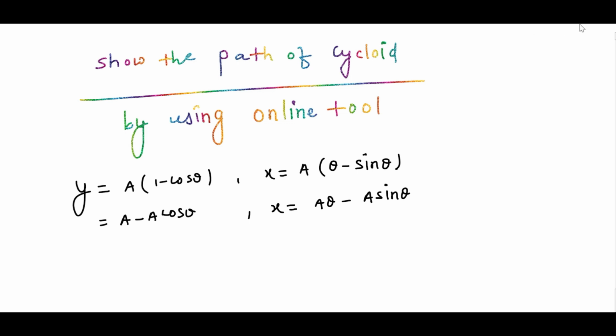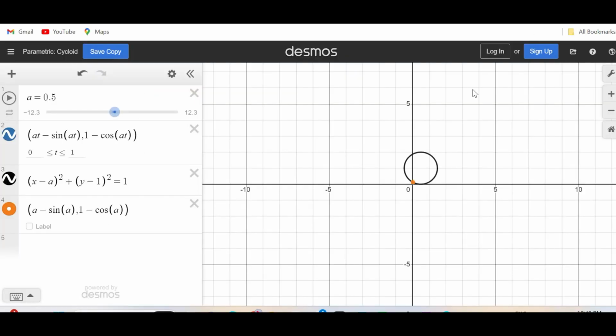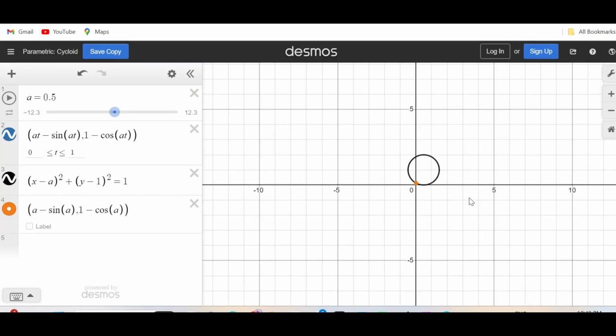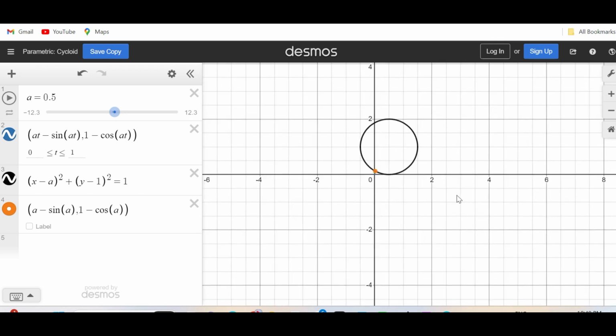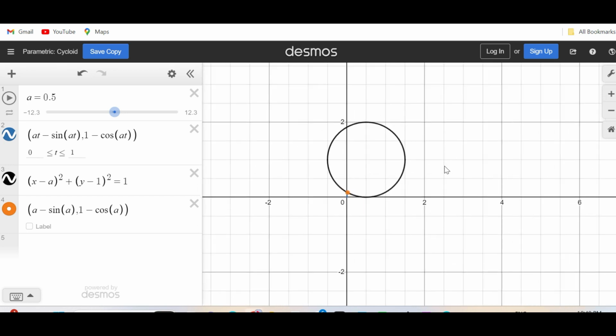So now consider, this is our Desmos. From here you can see this is our parametric form. Here, in place of theta, there is a parameter t, and this is our parameter a.